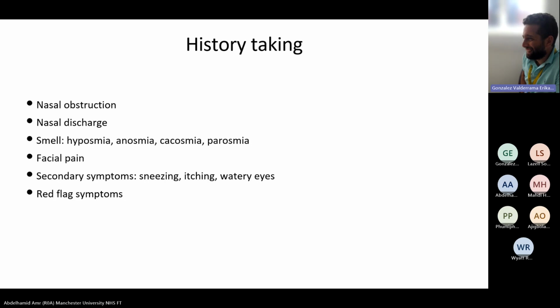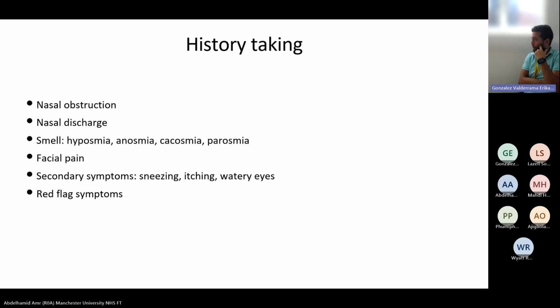Correct. Let's think about sinonasal malignancies. Progressive obstruction. Sinonasal malignancies could be arising from the maxillary sinus.